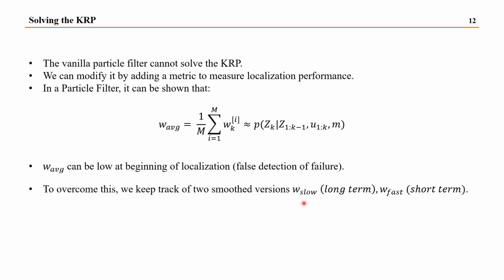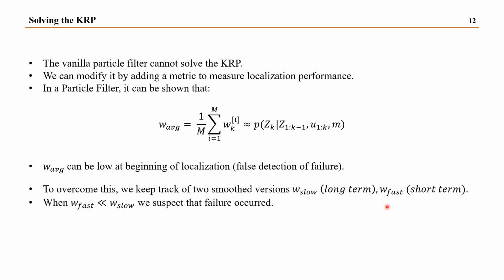So the idea is that omega slow would reflect how this measurement likelihood was evolving over a long term, like for several tens, hundreds of time steps to the past. Omega fast, on the other hand, adapts quickly to the violent changes in omega AVG.